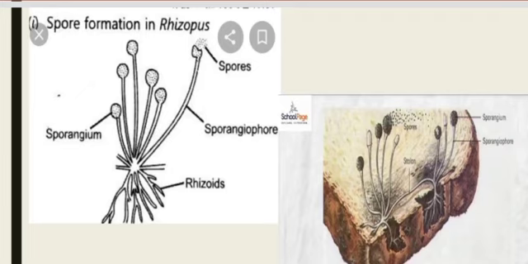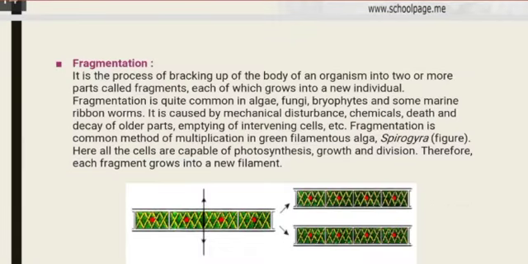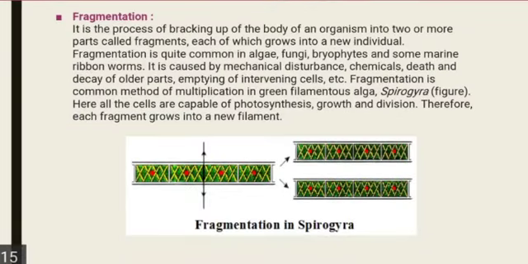When the environmental conditions are favorable, they will grow as a new individual. This is how the tiny spores are dispersed through wind and how they grow into new individuals. And the next method is fragmentation.